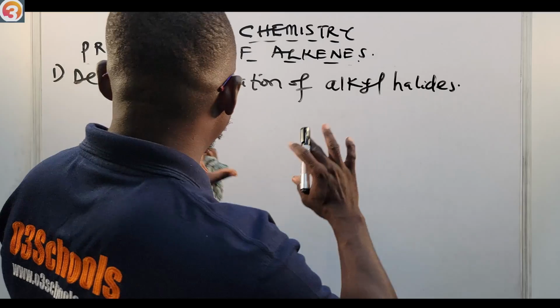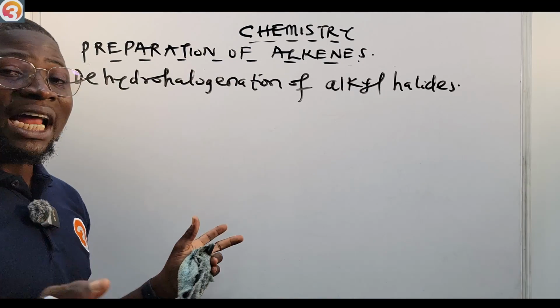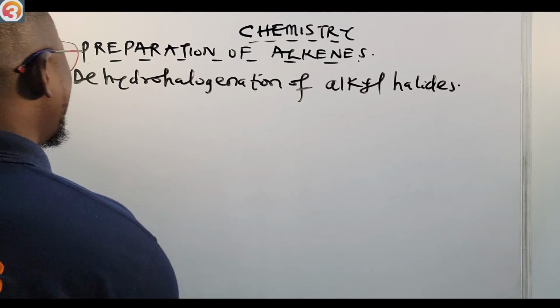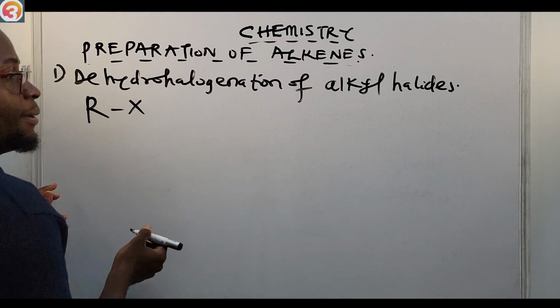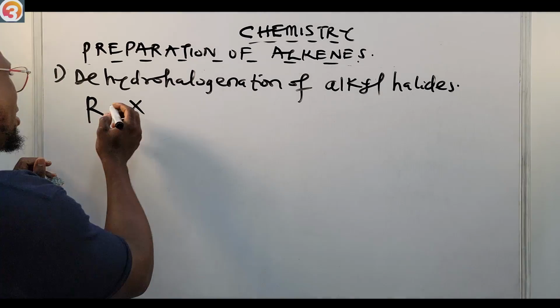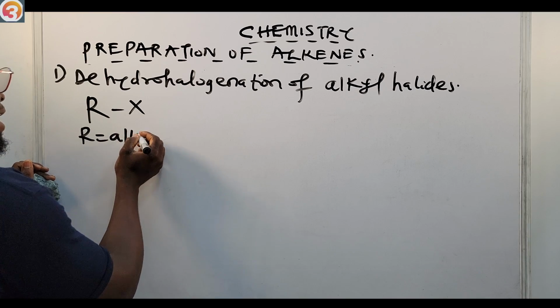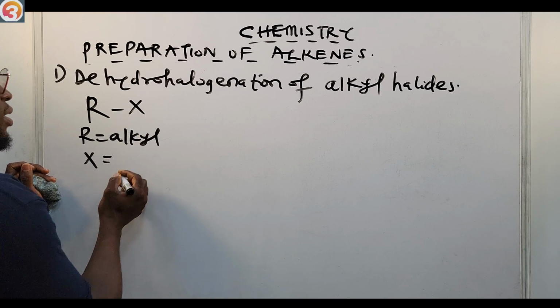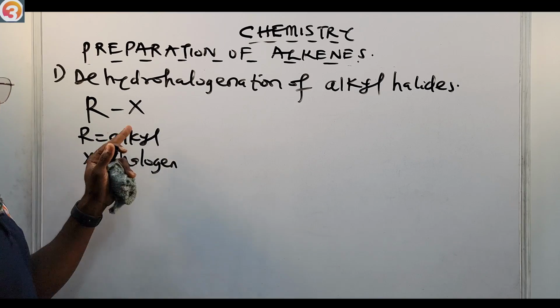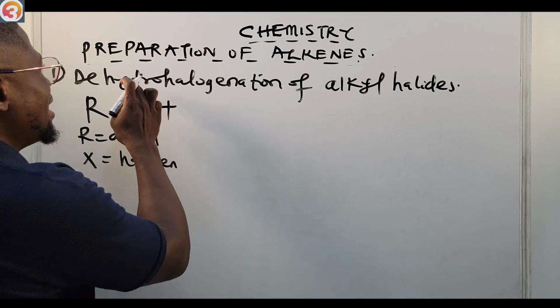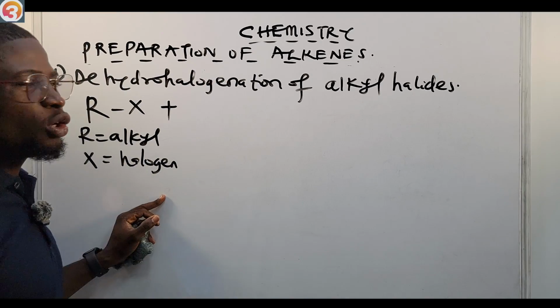Let us see the general formula for this reaction. If we have an alkyl halide like RX, where R here is an alkyl and X is a halogen, then we're talking about the dehydrohalogenation of the alkyl halide.